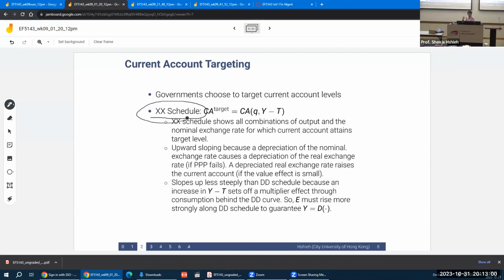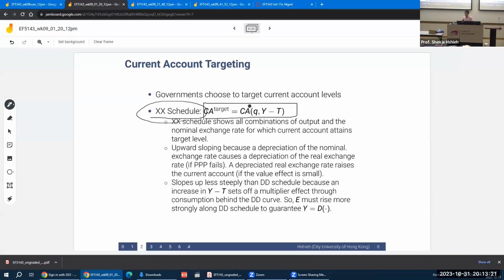It's called X because it stands for exports. So it's very simple. It's just a fixed number. So CA target is like an actual number. Think about it like $10 billion, okay, or 10 billion Chinese yuan.